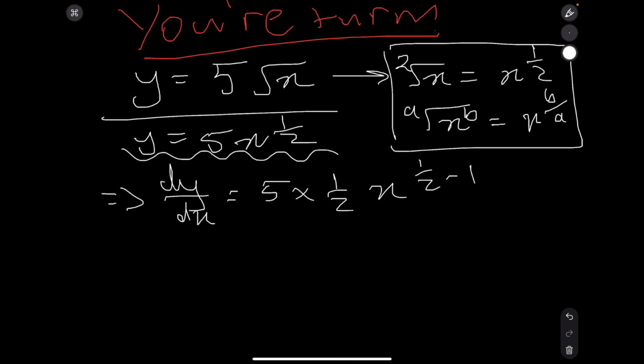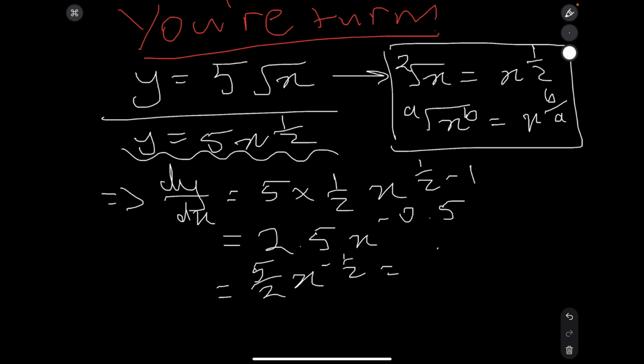Note that even if the index, or the exponent, is a fraction, we still minus 1 from it no matter the case, which would be 2.5x to the negative 0.5, or in fractions we could say 5 over 2 x to the negative 1/2, or further simplify it to 5 over 2x to the 1/2. Or if you want to rewrite it in terms of the square root, we can go 5 over 2 root x.